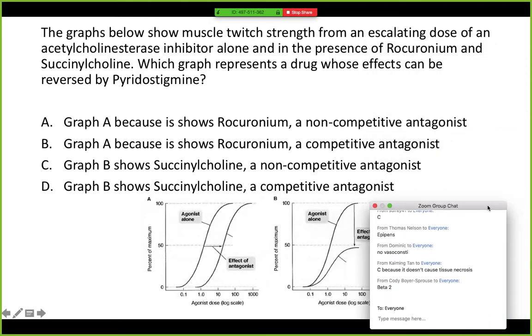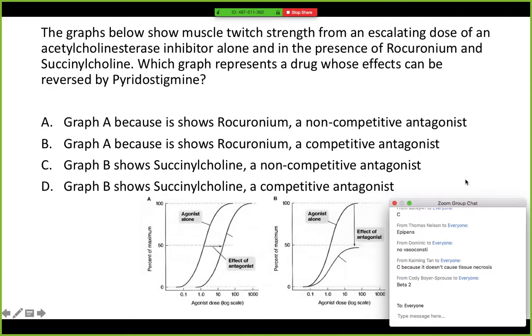Okay, so this is similar to a question I had written before, but I switched it up just a little. So the graph below shows a muscle twitch strength from an escalating dose of acetylcholinesterase inhibitor alone and in the presence of rocuronium and succinylcholine. Which graph represents a drug whose effects can be reversed by pyridostigmine?